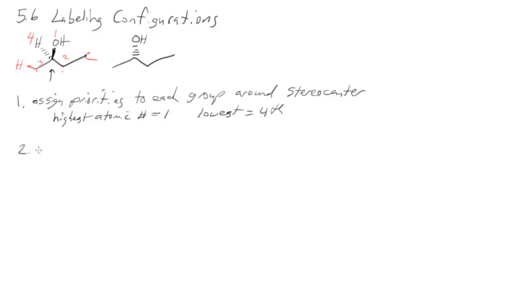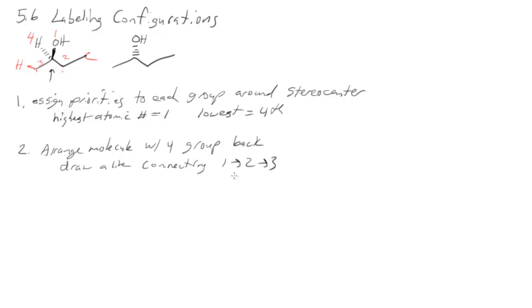So then once priorities are assigned, I need to arrange the molecule with the 4 group pointing back into the paper, dashed wedge, going away from you. Arrange the molecule with the 4 group back, and then draw a line connecting 1 to 2 to 3.